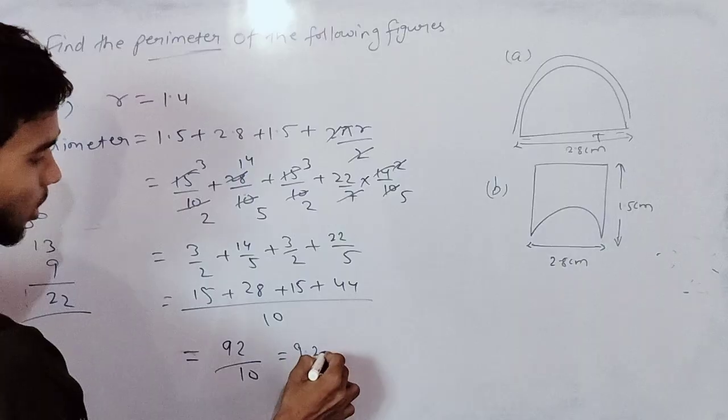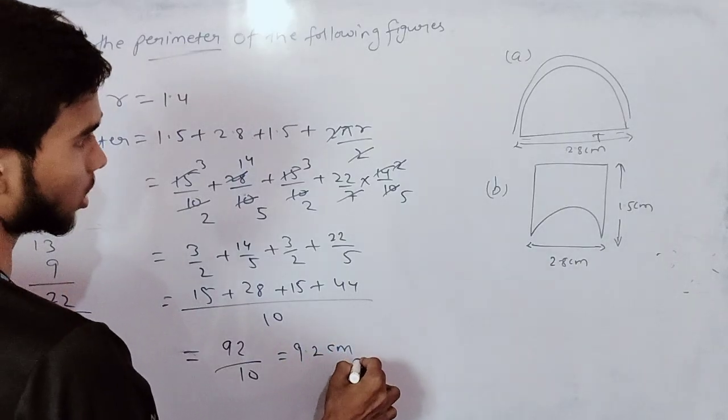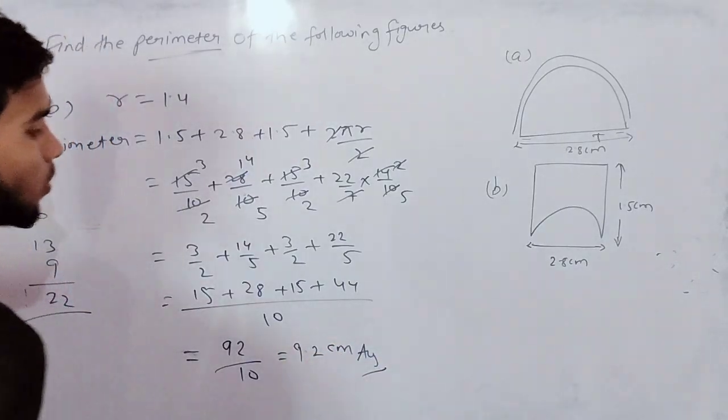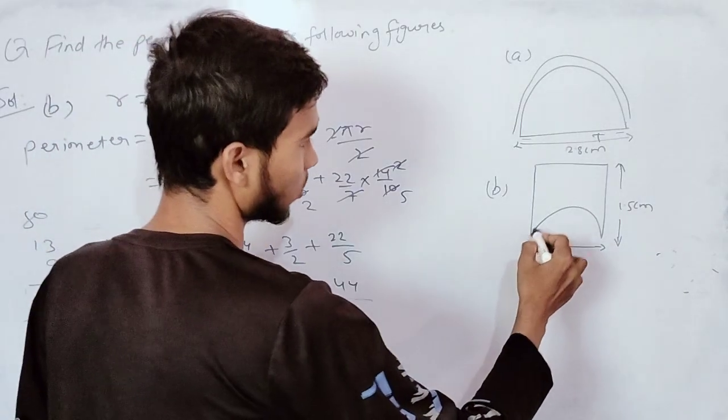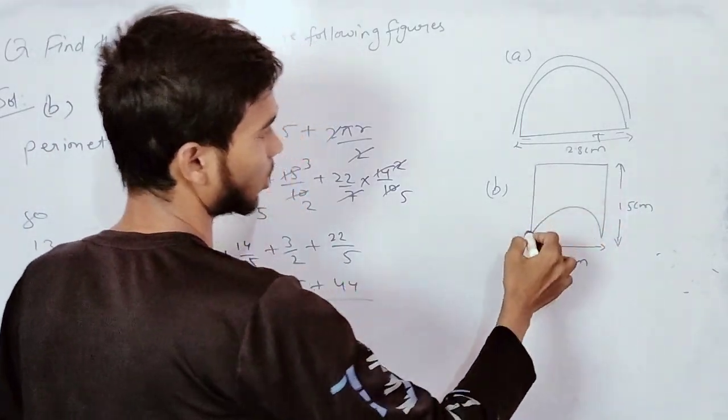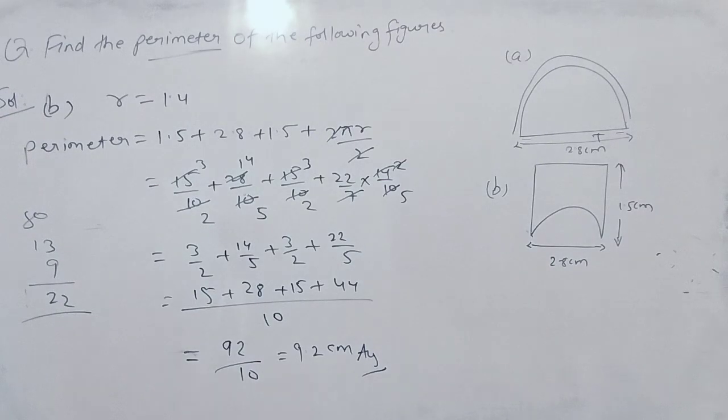This is the perimeter from here till here, of figure B.